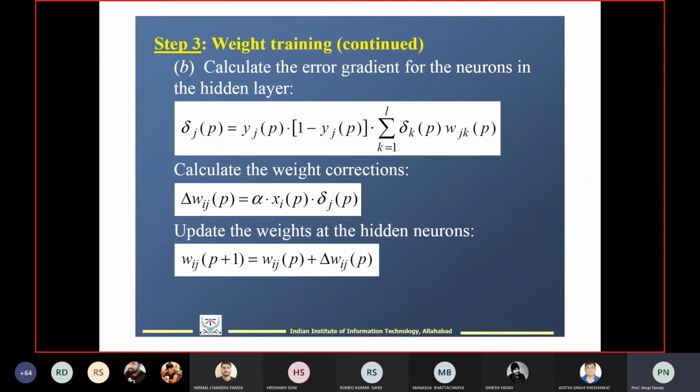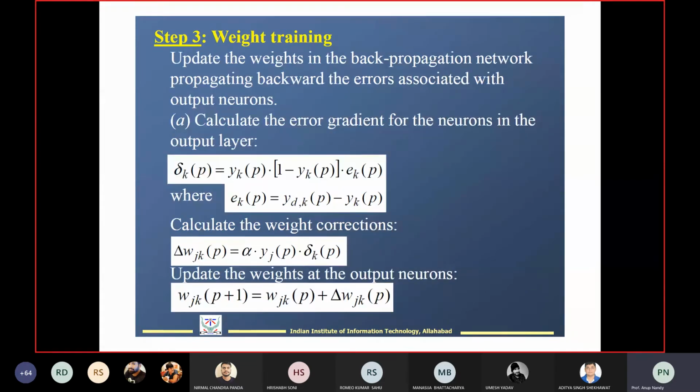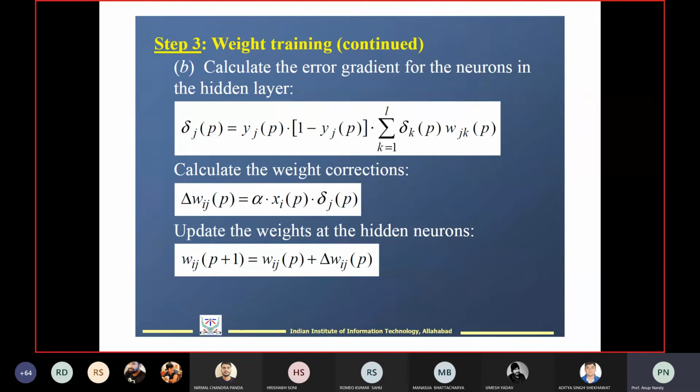The formula is the same thing: yjp into 1 minus yjp, where for the output layer it was ykp into 1 minus ykp. As you did the error gradient in the output layer, now in the hidden layer it is yjp for the jth neuron in the hidden layer.